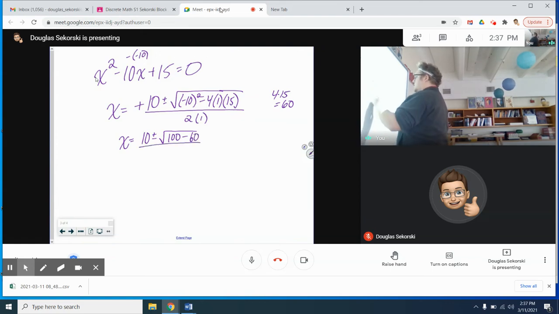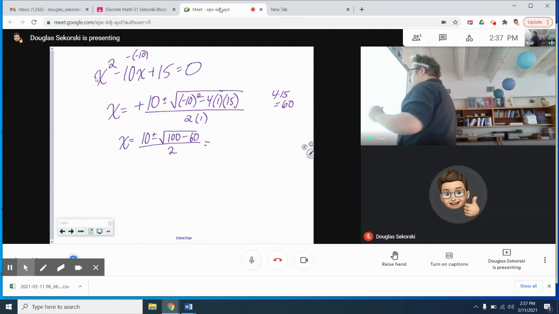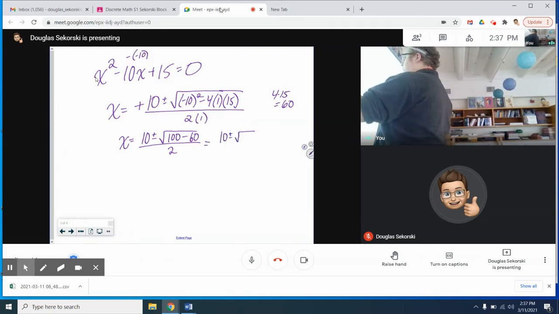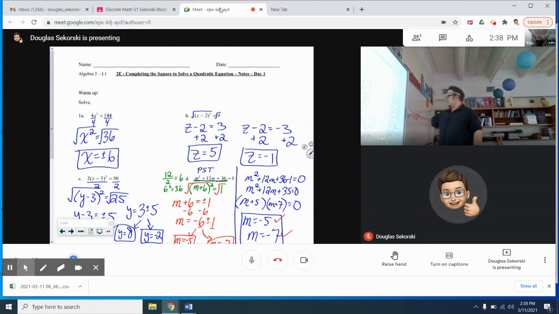And again, this is all over 2. So we go forth here, and we say 10 plus or minus the square root of 40, all over 2. So let's see, is this looking like what we were doing before?